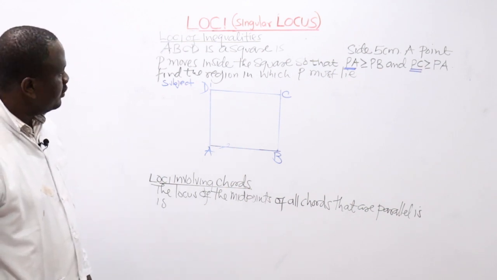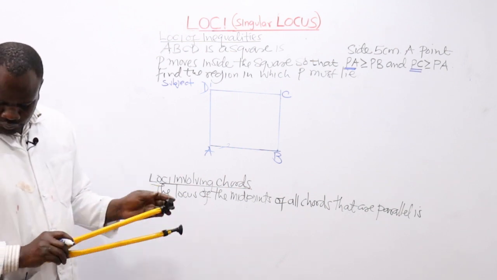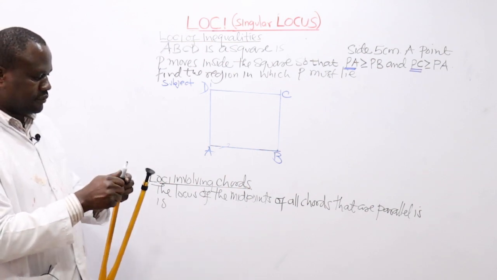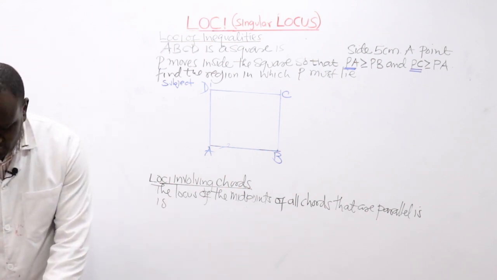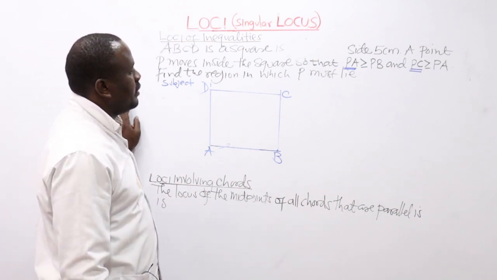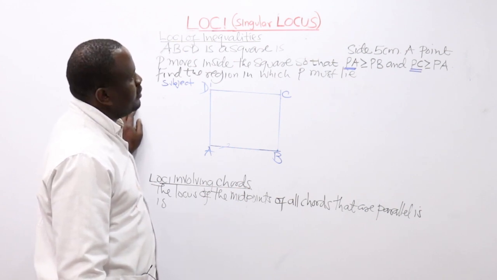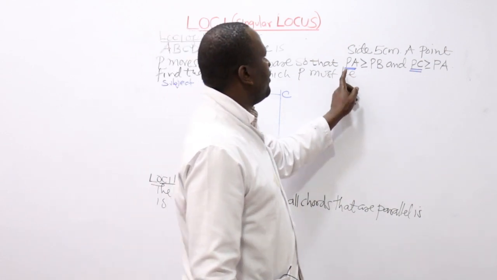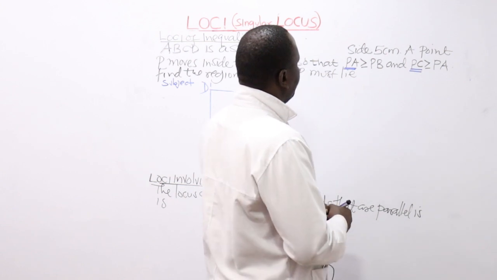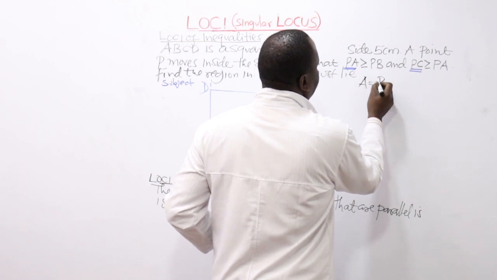Now, having done that, we get to answer the questions by first interpreting them. PA is greater than PB. Let's ignore P for now and say PA is equal to PB.